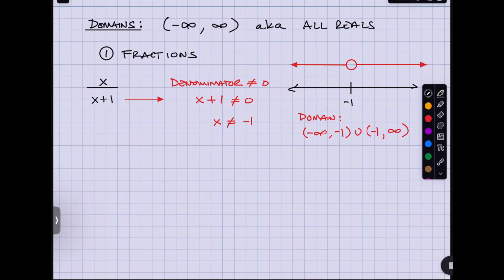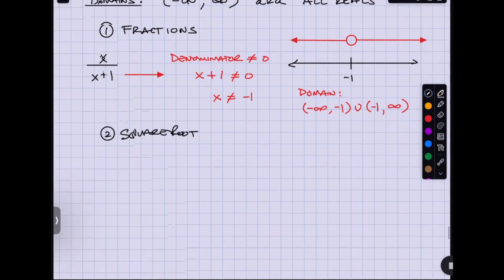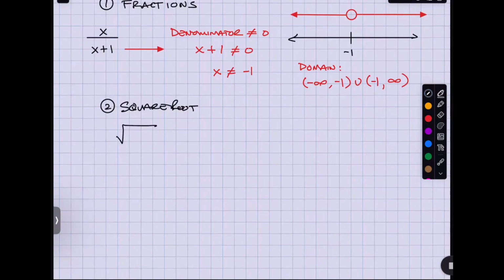And a second possibility is a square root. So let's say x plus 6. What did we say about square roots? We said the radicand had to be greater than or equal to 0. So I'm going to take the radicand and say it's greater than or equal to 0.